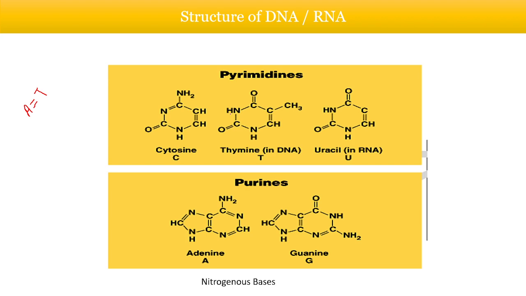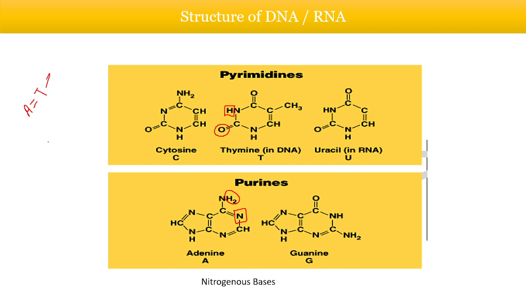In which pattern will they form? Your oxygen, this group, will be involved in binding with one of your hydrogens, forming one hydrogen bond, and the next one would be this hydrogen. I'm marking it with a square, this hydrogen is going to form a hydrogen bond with this N. So these are the two hydrogen bonds which are being formed.